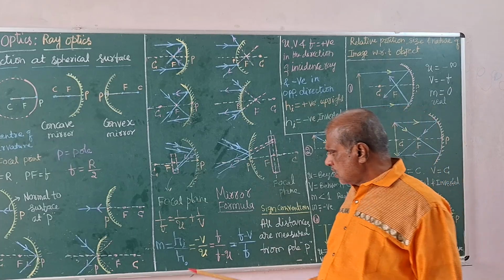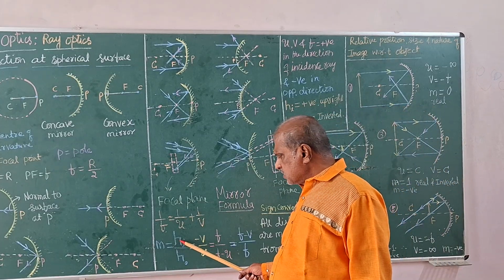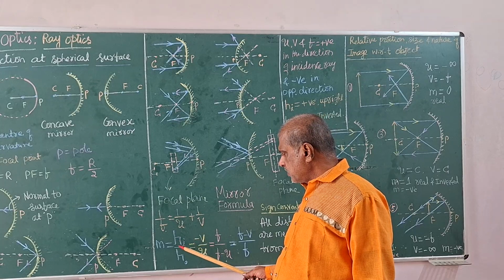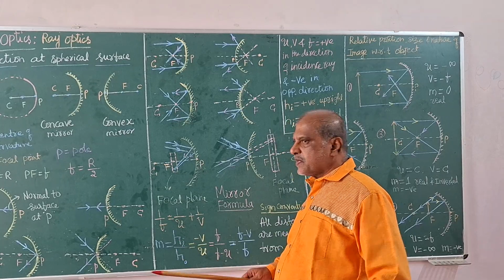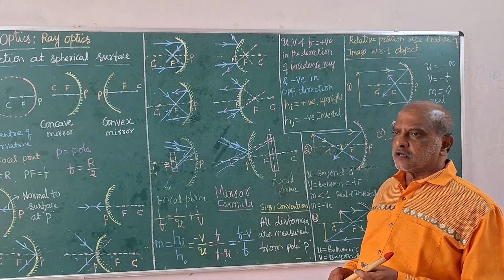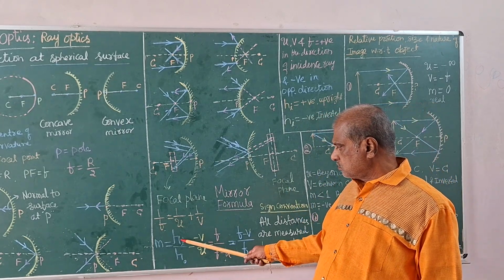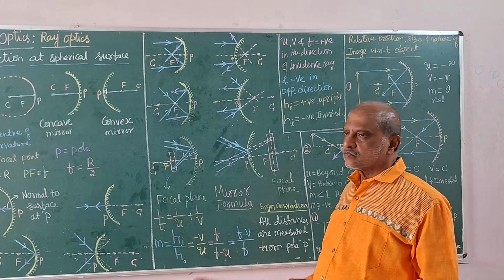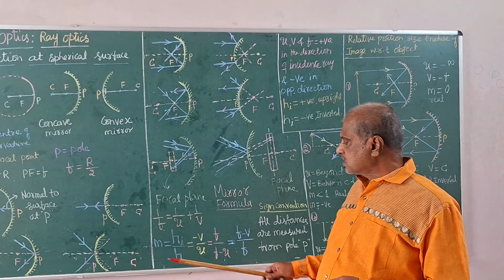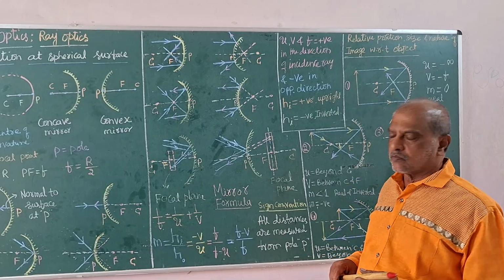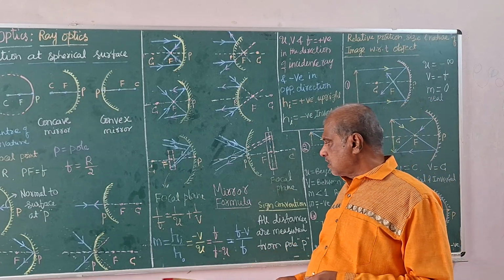And these quantities also take the sign convention, positive and negative. The H takes positive if it is vertical, upright, and it takes negative if it is inverted, either image or object.